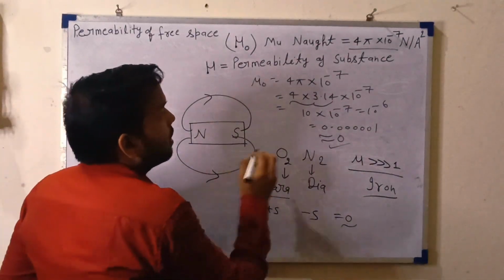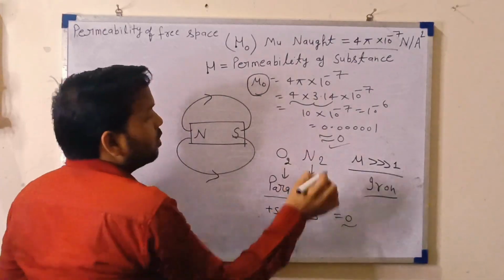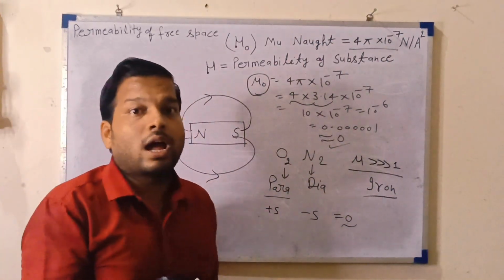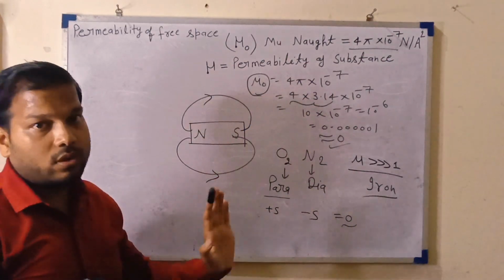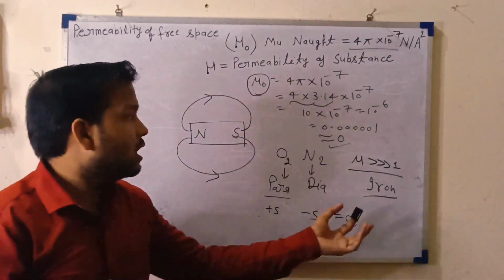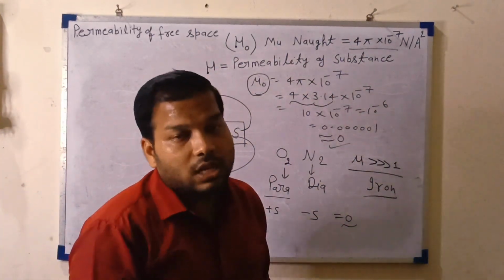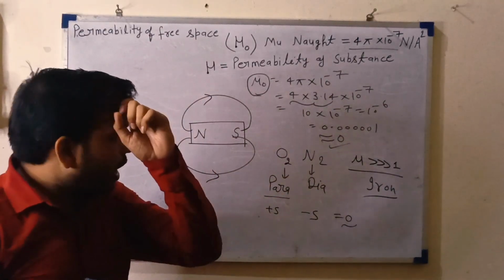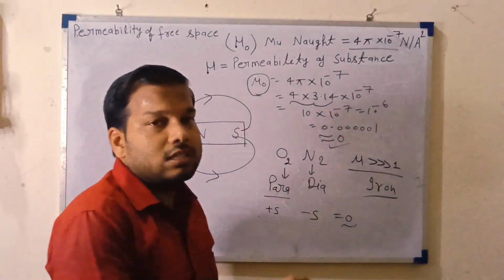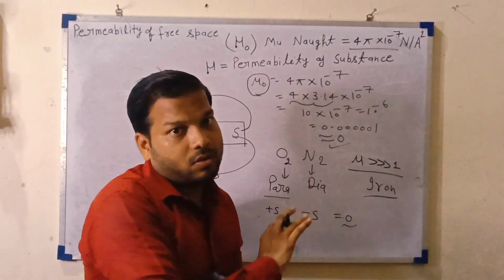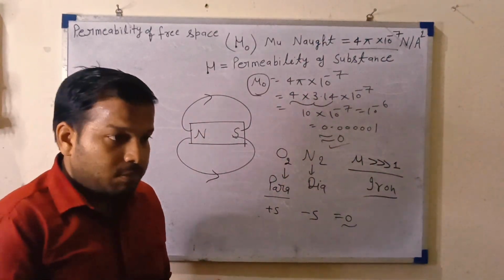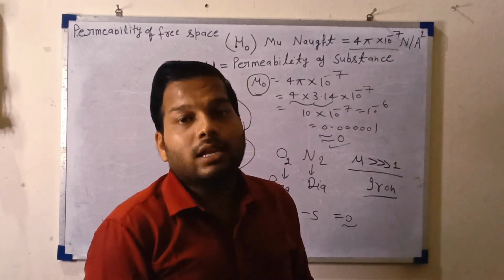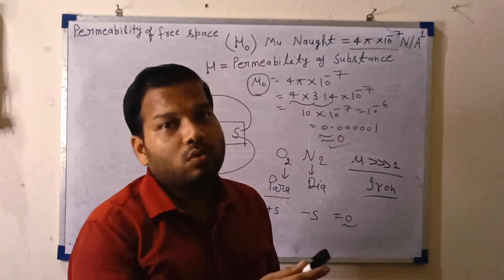That's why we use iron, because iron allows the field lines to pass through it, and because of this there is a very strong magnetic energy which we can use.